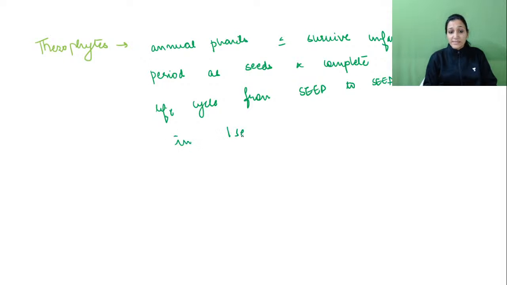Remember, one season is important to remember in this. So remember annual plants. Then remember they complete their life form from seed to seed in one season. These are the therophytes.